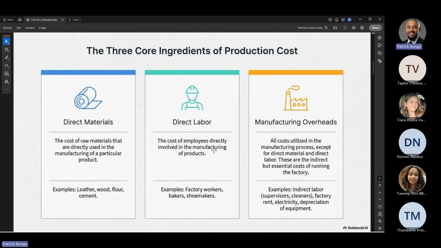For sure, he's in the manufacturing and involved in it, but he is not touching the product directly. Then say cleaners. There are cleaners in the manufacturing plant, but they're not touching the product. So it is an indirect cost.